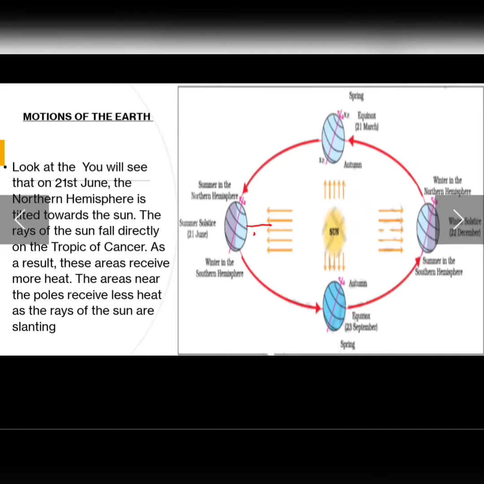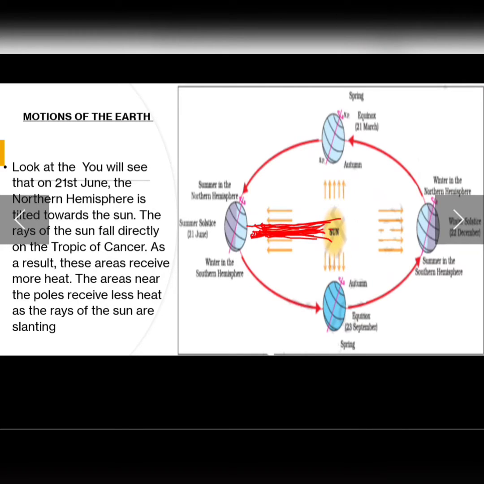Because the northern part is tilted, the sunlight is falling directly on the Tropic of Cancer, and this area receives more heat, because it is receiving more light.